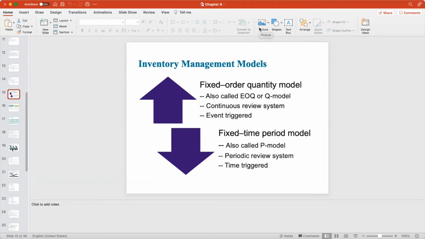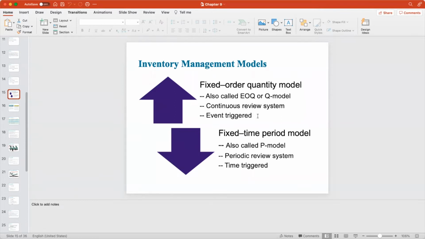That's why within the fixed order quantity model, we call it an event trigger system. Obviously this is a continuous review system, because when the inventory is going down, you probably need an employee to count the current inventory situation. Once the current inventory is below the reorder point, it will trigger a new reorder event.